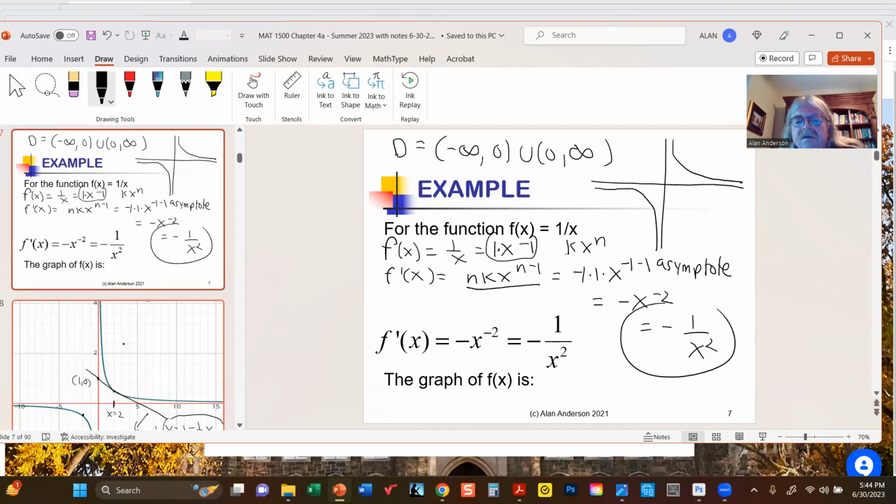So based on the derivative of k x to the n, which is n k x to the n minus 1, we'll have minus 1 times 1 times x to the minus 1 minus 1, or minus x to the minus 2, which in turn can be written as negative 1 over x squared. All right, fine. So we're going to need that in a minute.